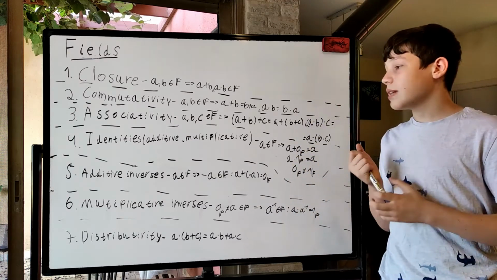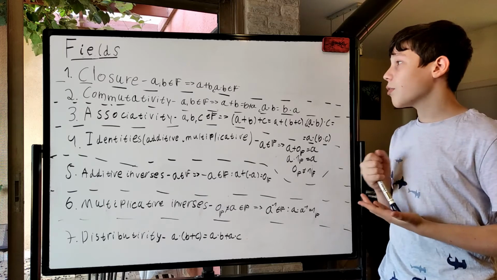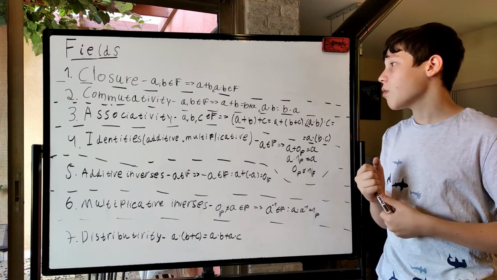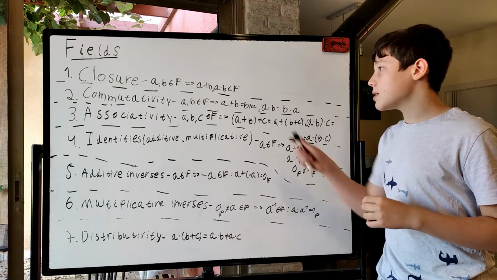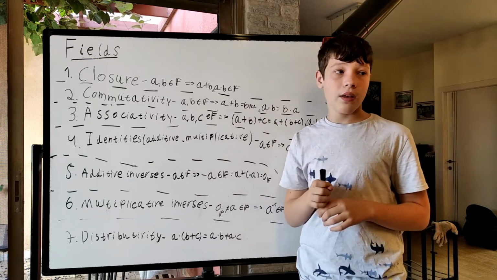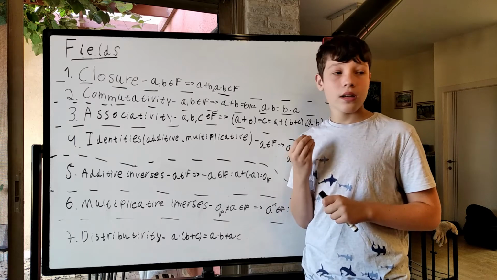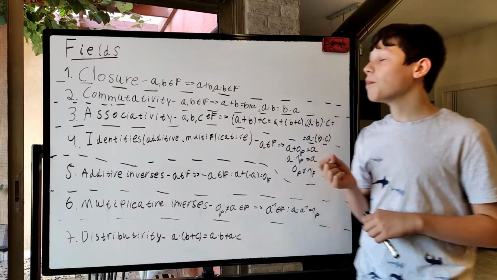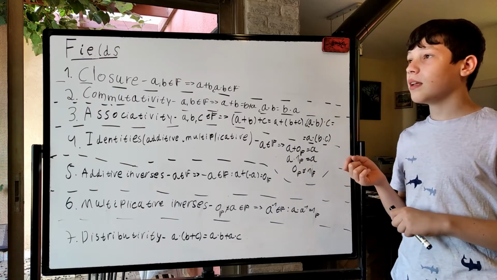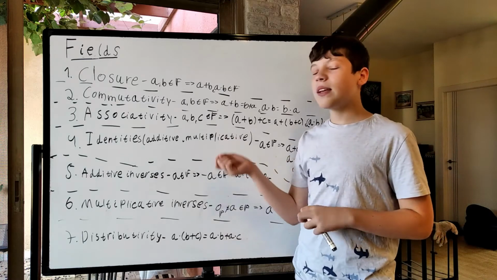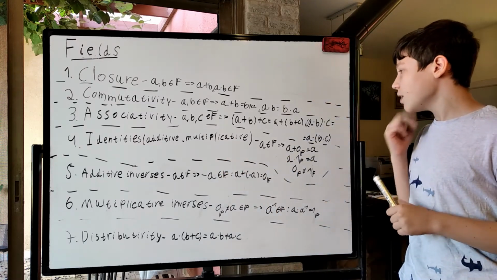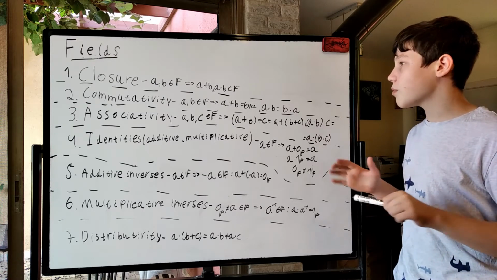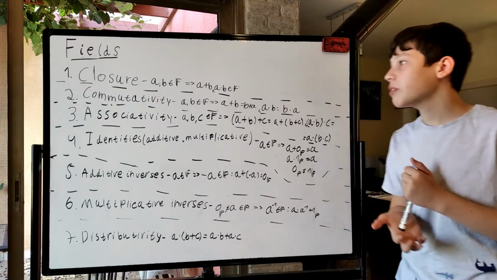2 times 2 in a field might equal 3, depending on how we define the product. We normally define the sum and product with our regular sums and products that we know, because in fields we usually just talk about numbers and not really objects, although you could.